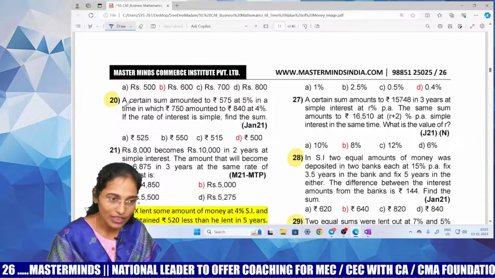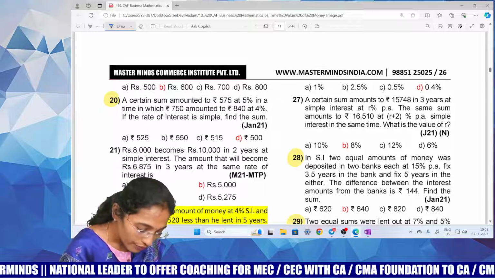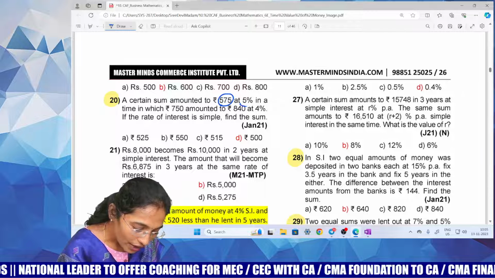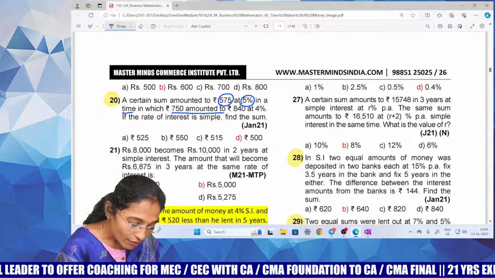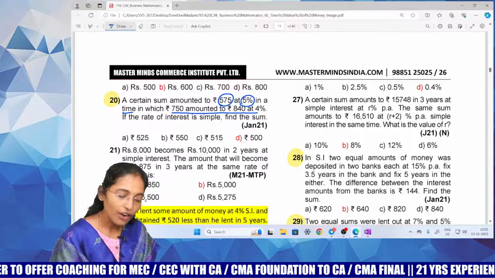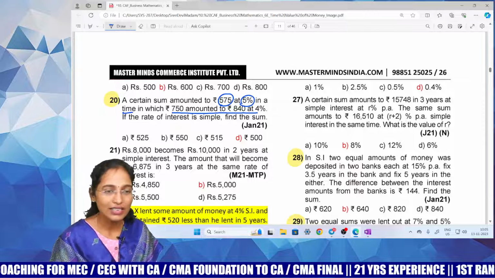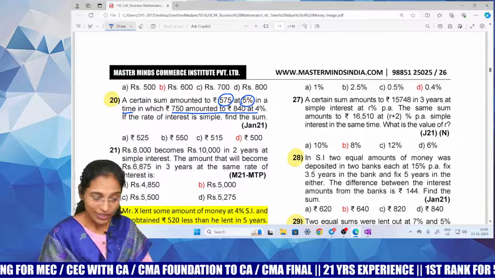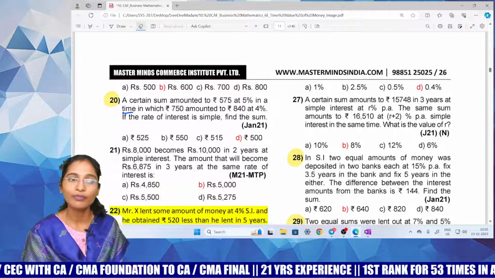Okay. Now look at this. A certain sum of money amounted to 575 at 5% in a time in which 750 amounted to 840 at 4%. If the rate of interest is simple, find the sum. Guys, please try to understand. It's a combination of two MCQs.